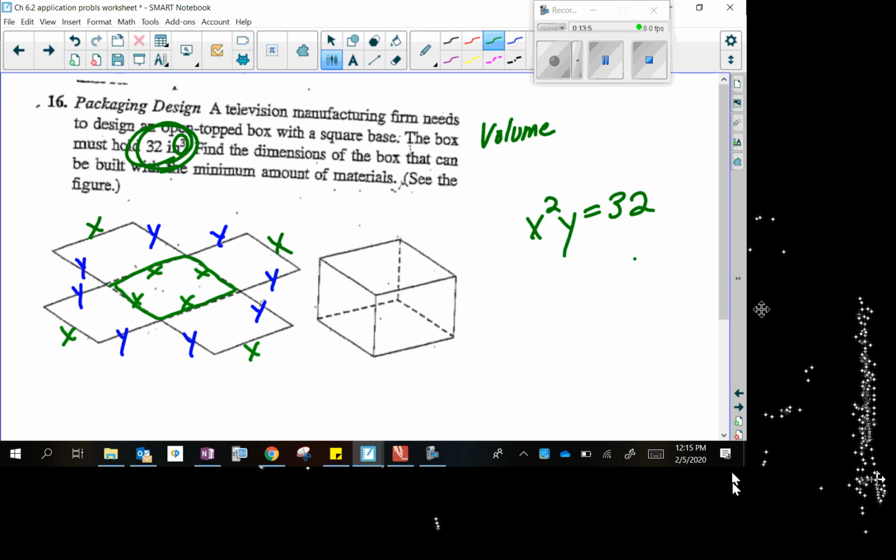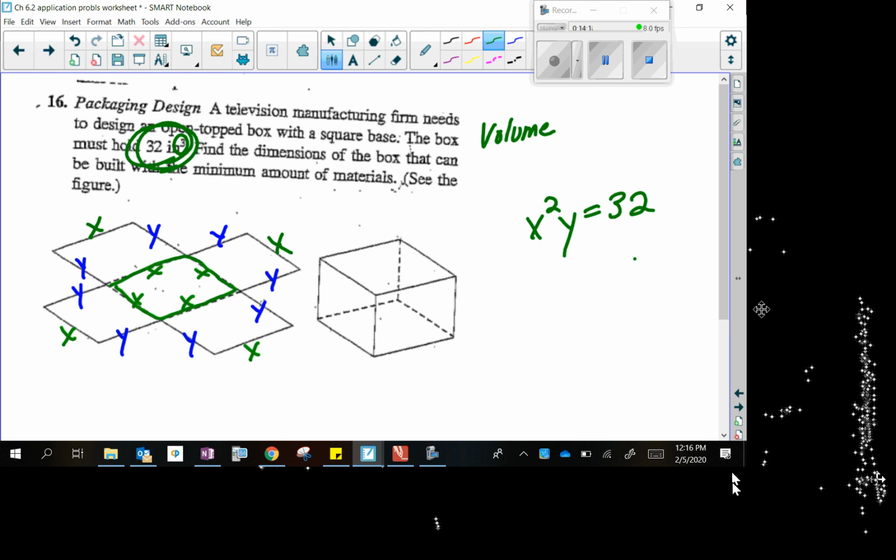But an easy way to think about volume is taking the area of the base and multiplying it by the height, because you're taking all the space from the area that many times. Does that make sense? So think about it as area of the base times the height. The area of the base would be x squared, and the height would be y. Okay, so that's our equation.